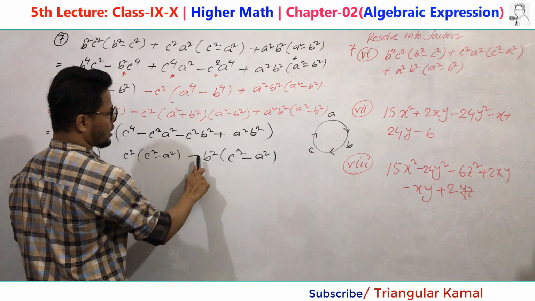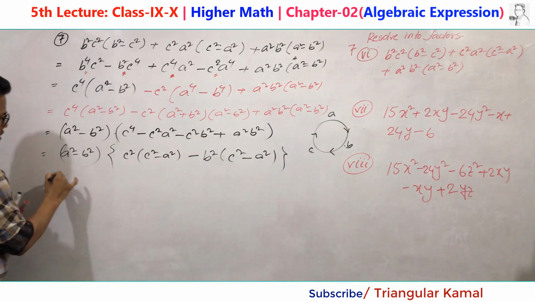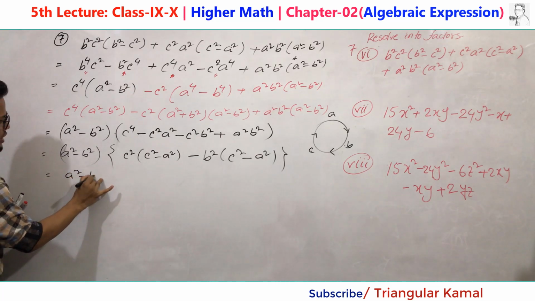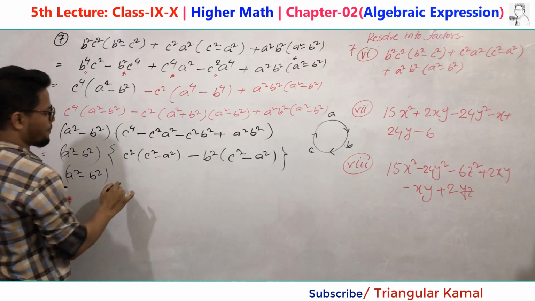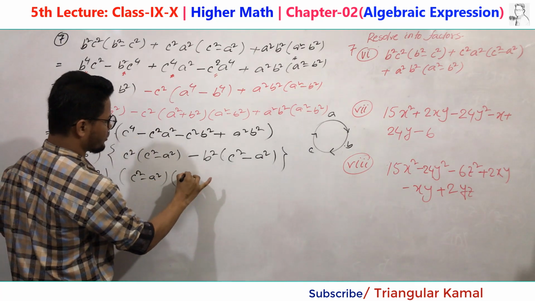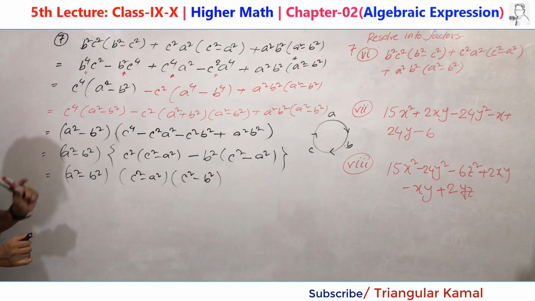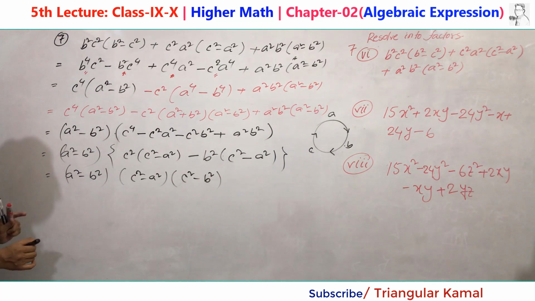Minus minus plus, and plus minus minus. So taking the second bracket, now a square minus b square is common here, and c square minus a square is common, remaining c square minus b square. Now give attention to all variables here, a, b, c.